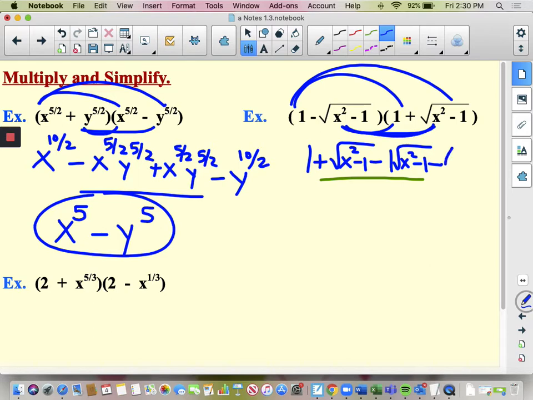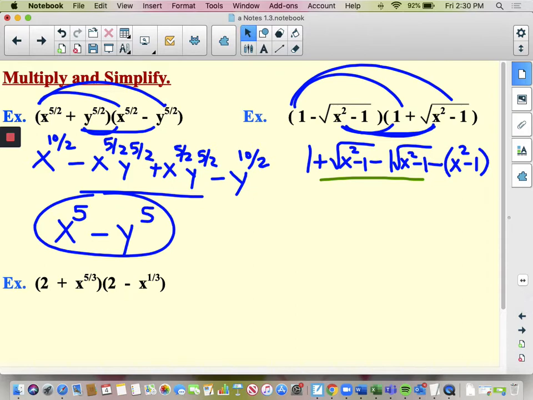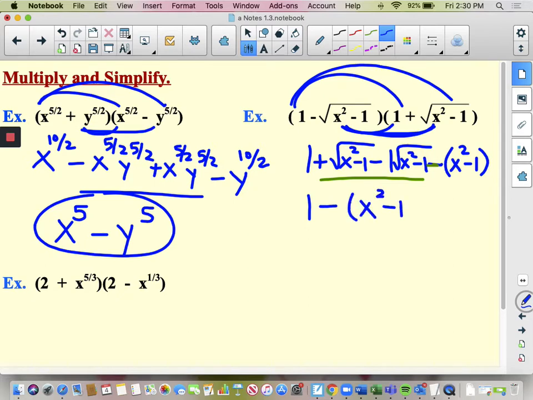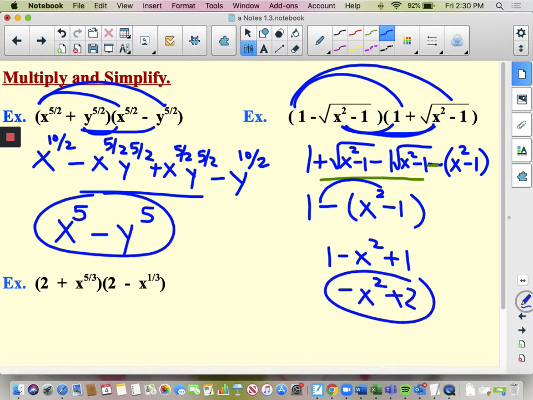So it's just minus x squared minus 1. And I put that in parentheses because of this subtraction. So let me make that a little neater. I have 1, the middle terms cancel out, minus this quantity, which is really 1 minus x squared plus 1, right? Negative, negative. So my final answer is negative x squared plus 2 there.